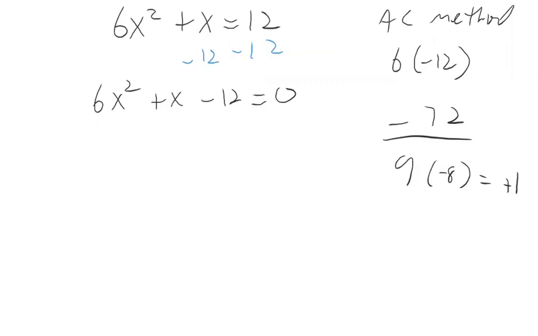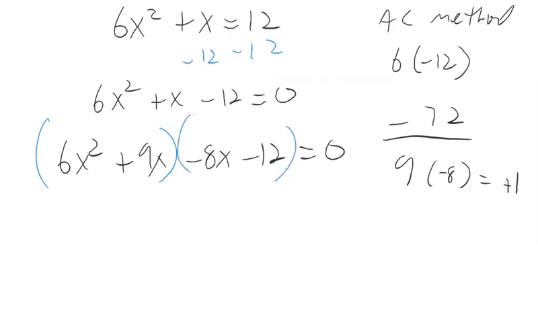So now I rewrite this as 6x squared plus 9x minus 8x minus 12 equals 0. I do my grouping. I put a plus sign in here to remind myself I am not multiplying, I am adding. First thing I have in common in the first one is a 3x, which leaves me a 2x plus 3.